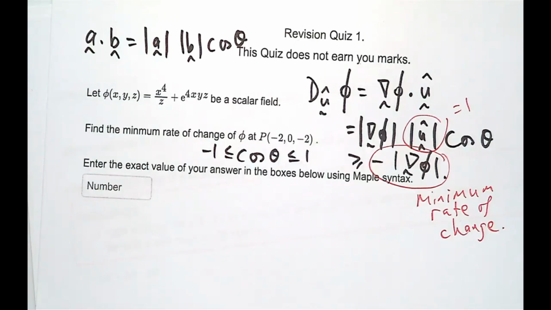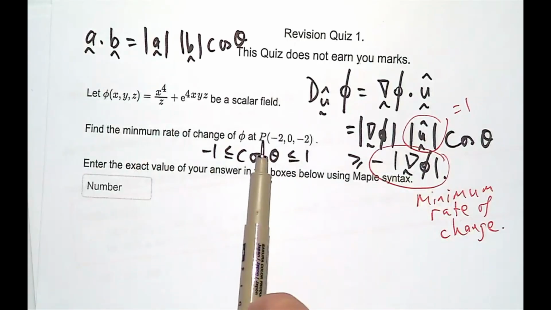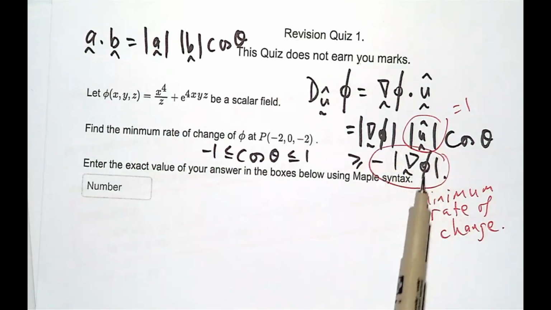So how do you actually solve this question? I'm glad you asked. Well, you'd calculate the gradient, or grad phi, evaluate it at p, take the length and then put a minus sign there. So let's do that.